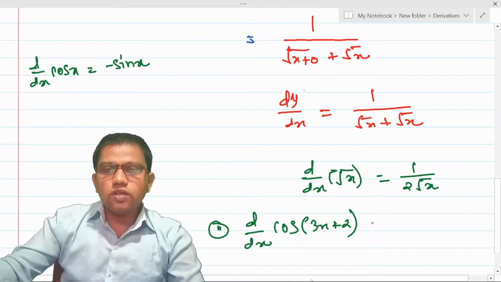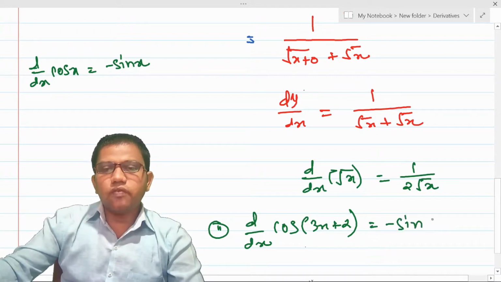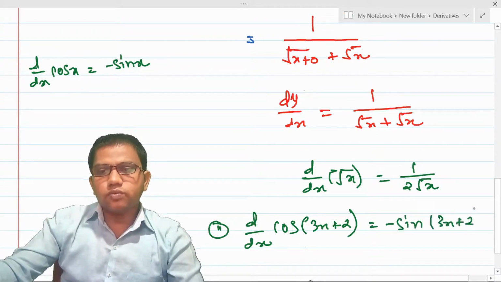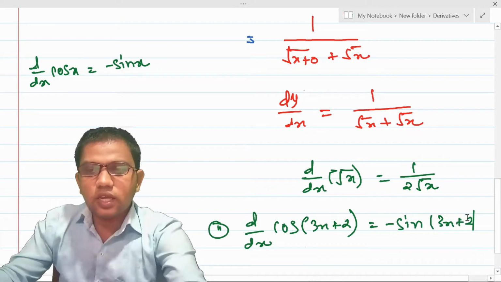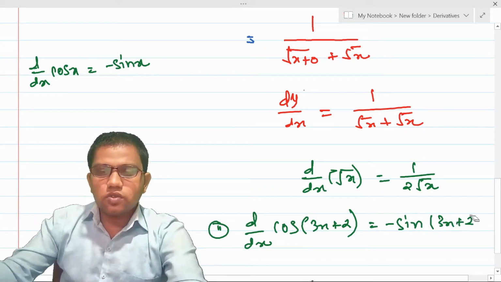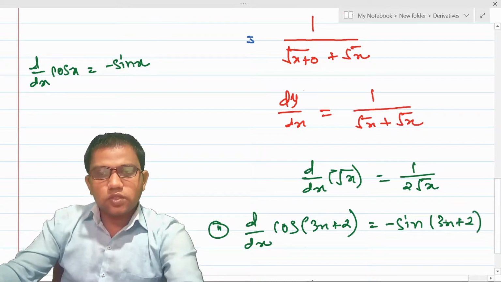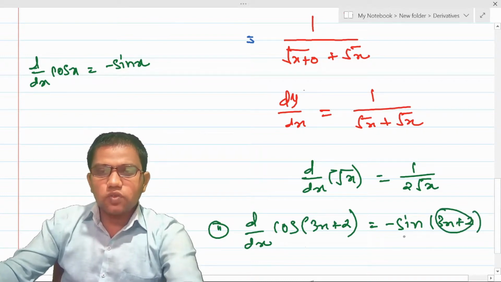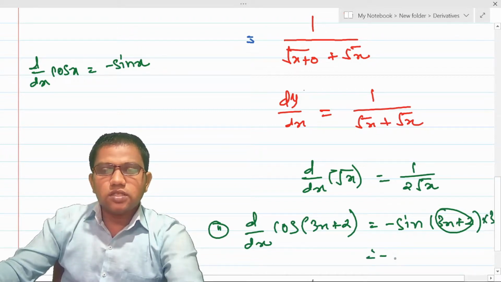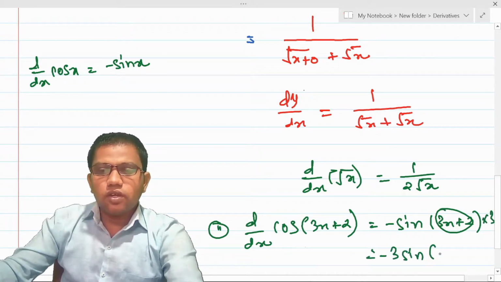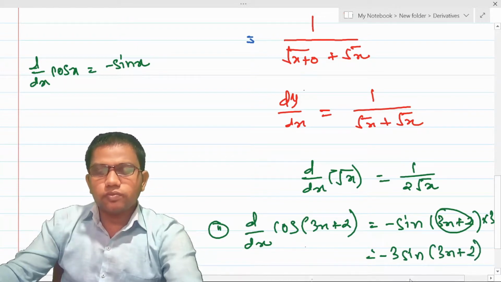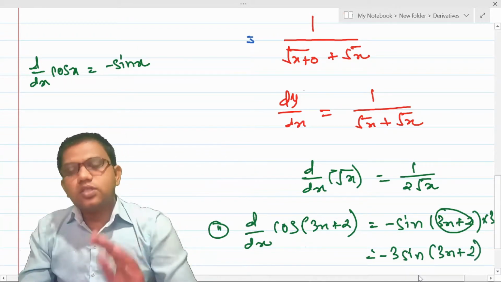And this is equal to what? Minus sine of 3x plus 2. We can also find out with the help of the definition also. No problem. Okay. So minus sine of 3x plus 2. Again take the derivative of 3x plus 2, and it is nothing but 3. So this is minus 3 sine of 3x plus 2. Isn't it? Okay.